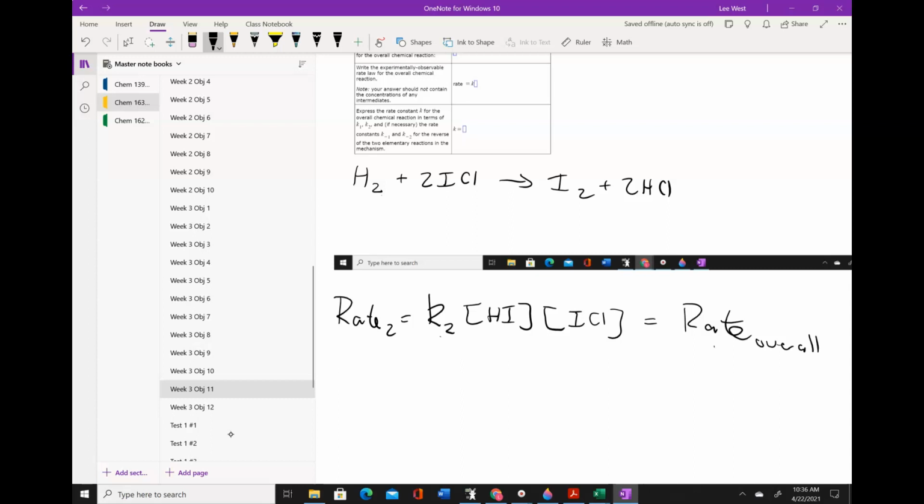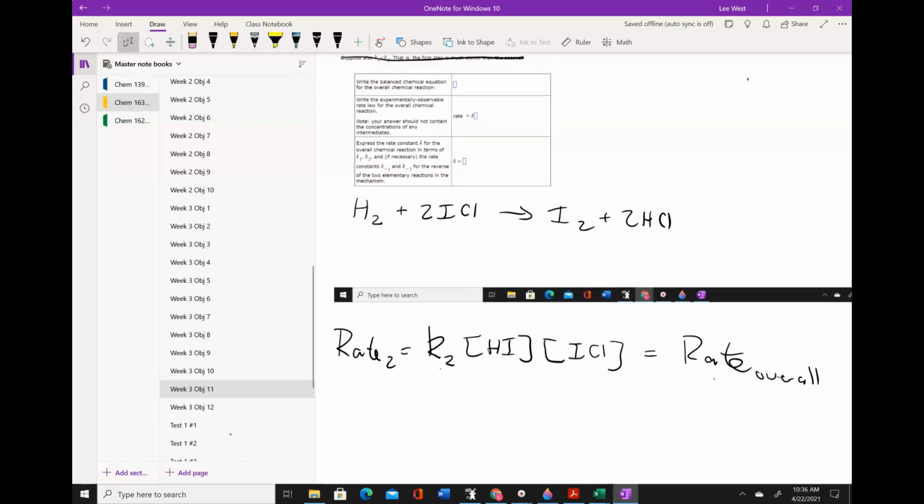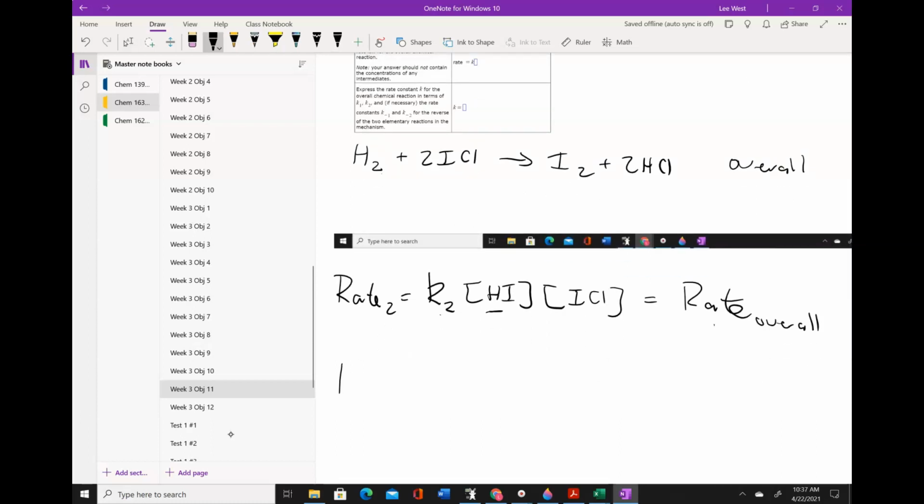The problem is that this rate law has the concentration of an intermediate in it. It has the concentration of something that doesn't actually appear in my overall equation. And we can't have rate laws like that. Rate laws are of this form.